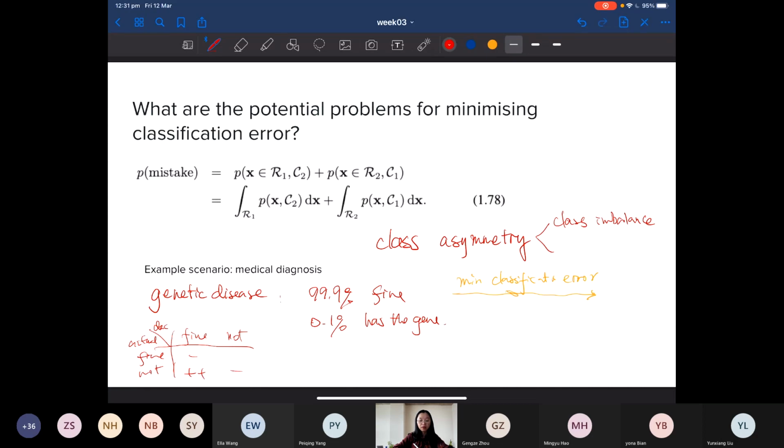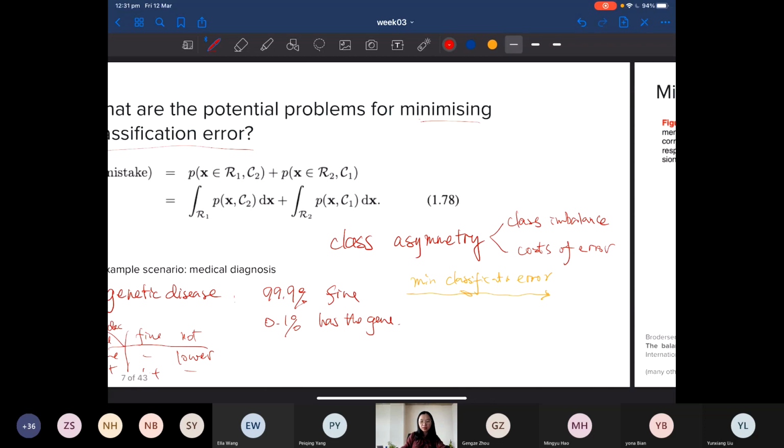Let me just informally say this is lower than the other error. So it's asymmetric costs: the costs of error are different across different classes. Therefore, just minimizing the whole classification error over different data points does not make sense in some cases.